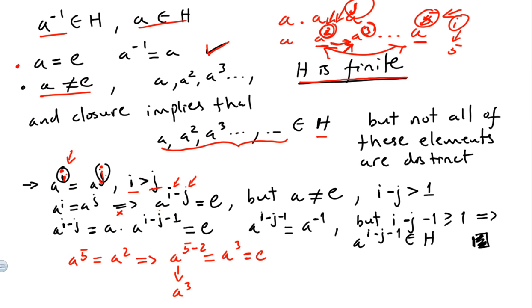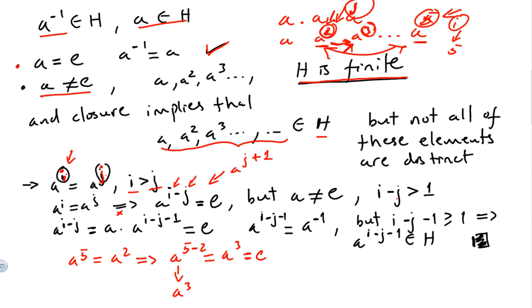So the next element, next j, so this will be a to the power of j plus 1, right? Okay, and i minus j cannot be 0.